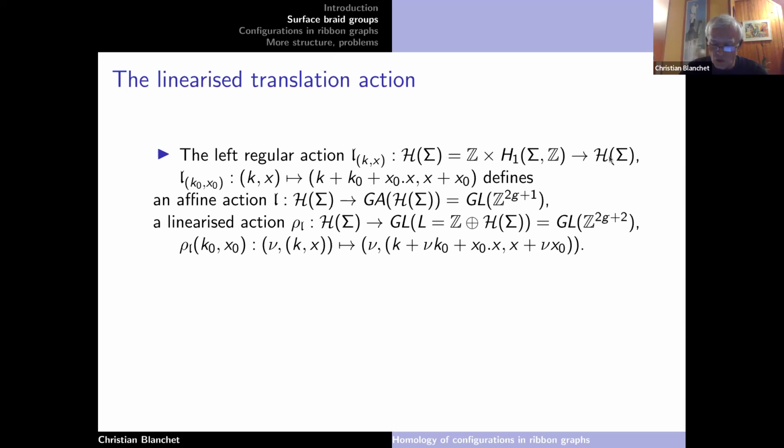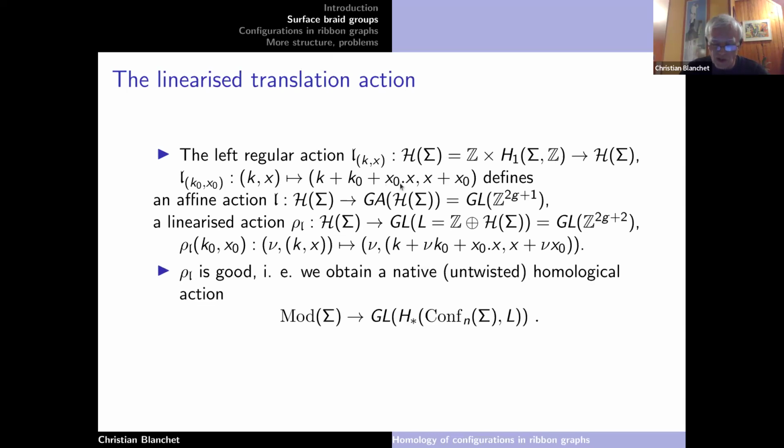The formula for this left regular action sends (k, x) to (k plus k0 plus x0 point x, and x plus x0).